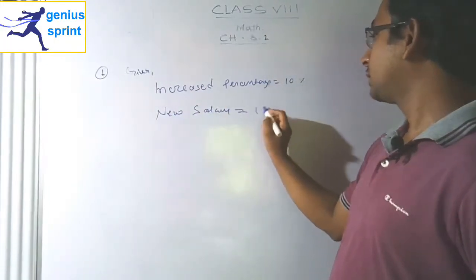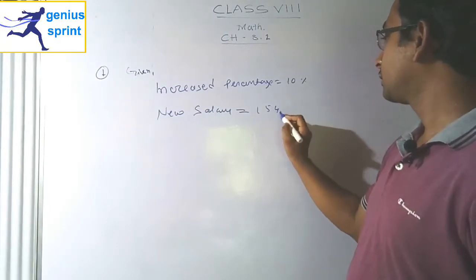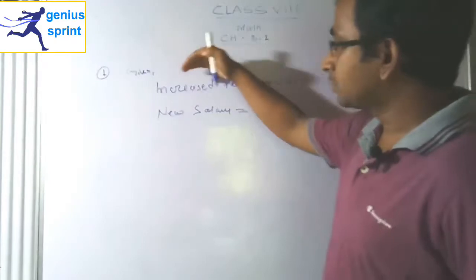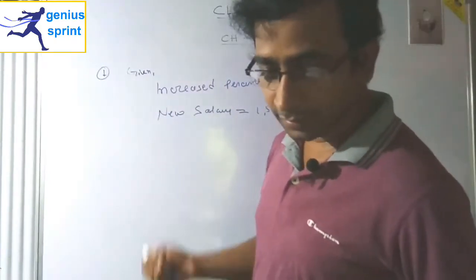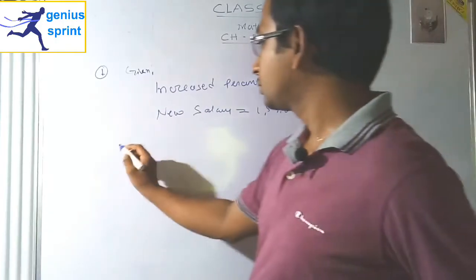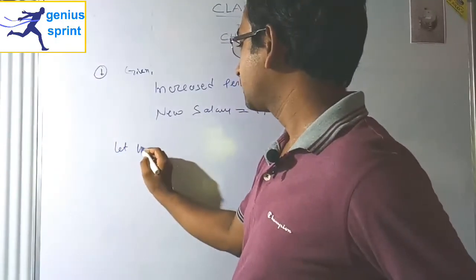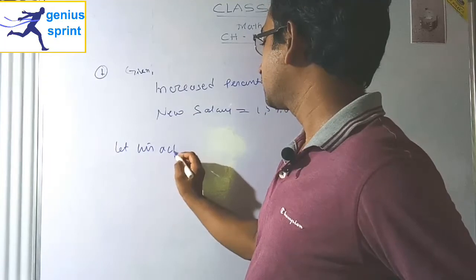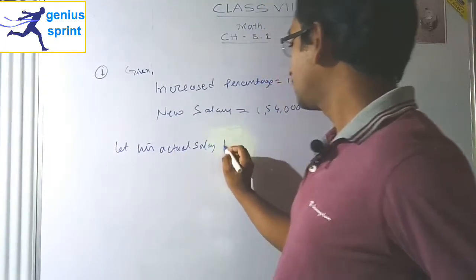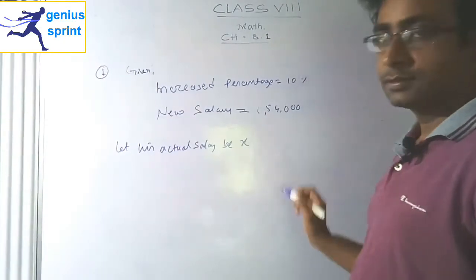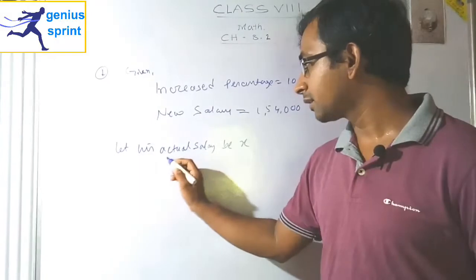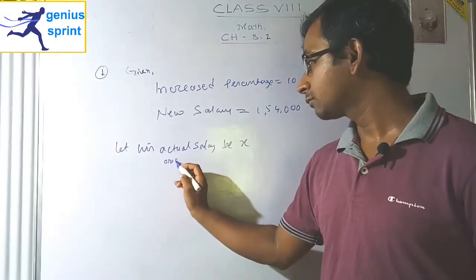We don't know the actual salary, so we have to find his original salary. Let his actual salary be X. Suppose it is his actual or original salary.